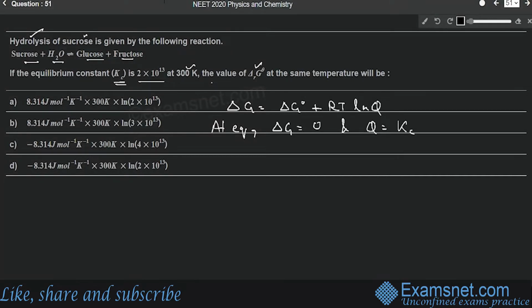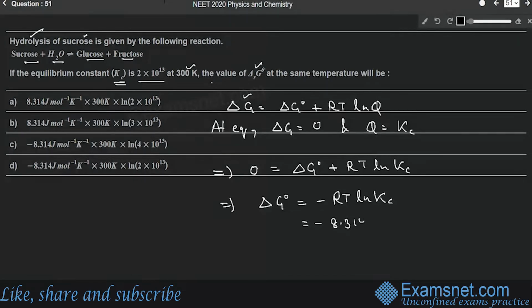So if we put these values here, we'll get 0, that is delta G is 0, equals delta G naught plus RT ln Kc, right? Now we have to find out delta G naught. So delta G naught will become equal to minus RT ln Kc, isn't it? Now we'll put the values: minus, the value of R is 8.314 and the unit is joule per mole per Kelvin.